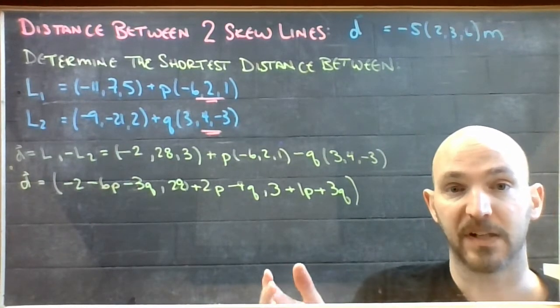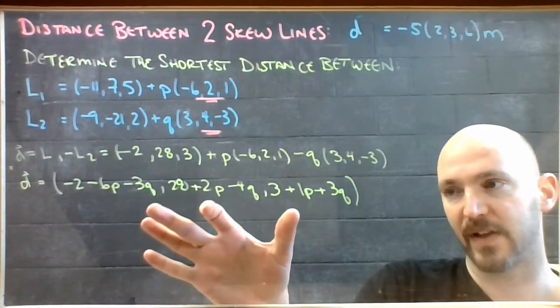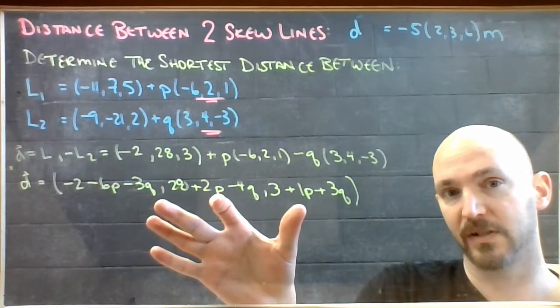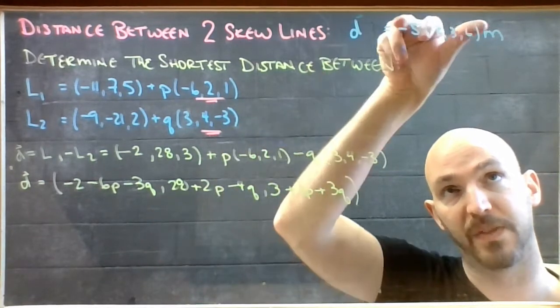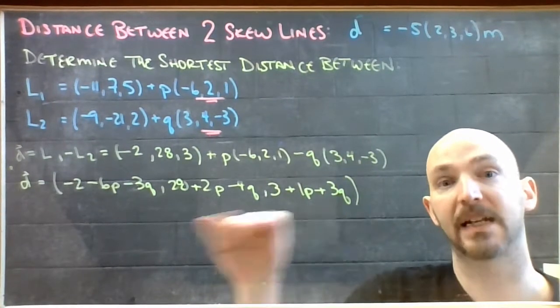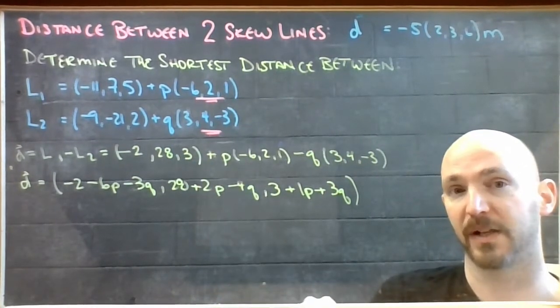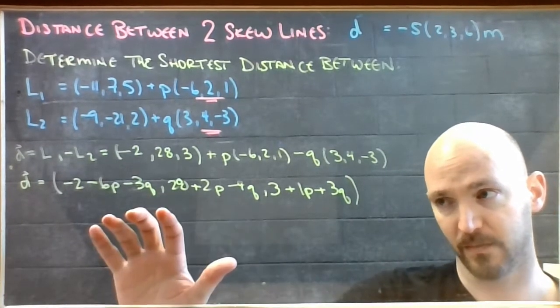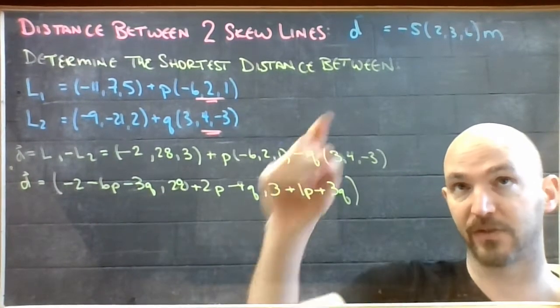The way I'm going to finish this is to say that this vector here, this construction, has to be equal to that construction, right? They're both the same line. They're both the thing that connects our two skew lines through 3 dimensions. So this representation must match that one.